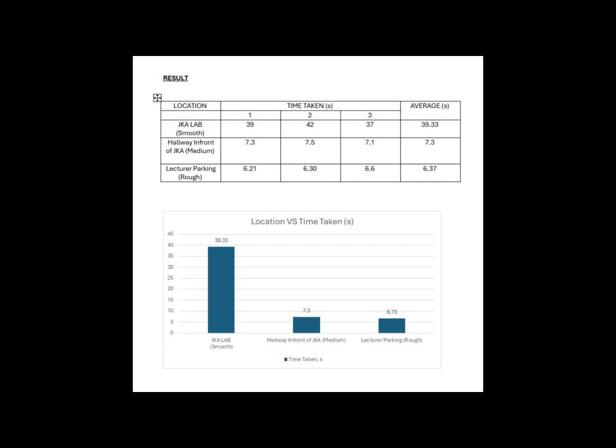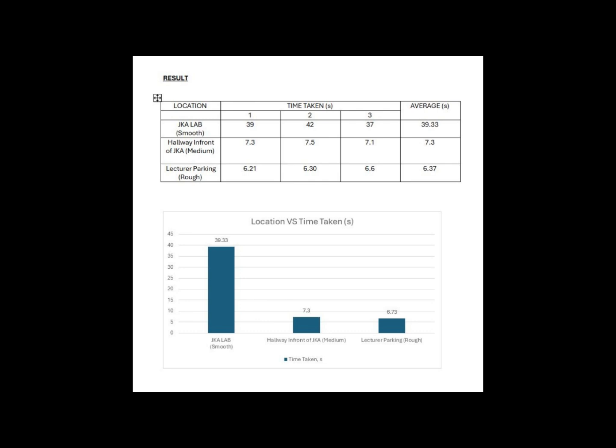And the quicker the water flows out from the tube on the surface, it means that the surface drainage ability is quick and it does not contain the water for long. And that information is important because when we want to design a road, we must conduct this test to determine how long it takes for water to drain out of the road, because the longer the water stays on the road, the more damage it will cause to the road.